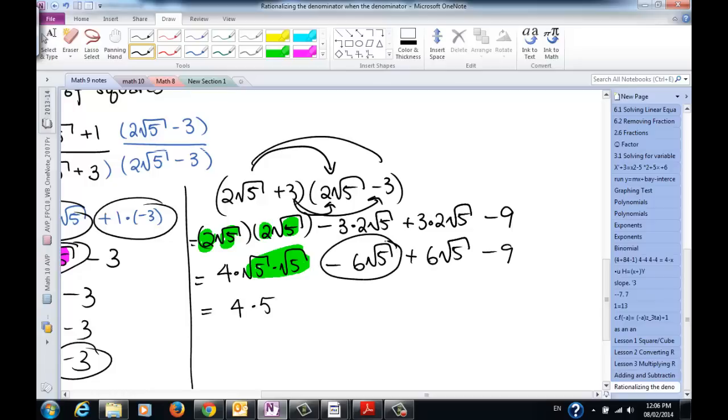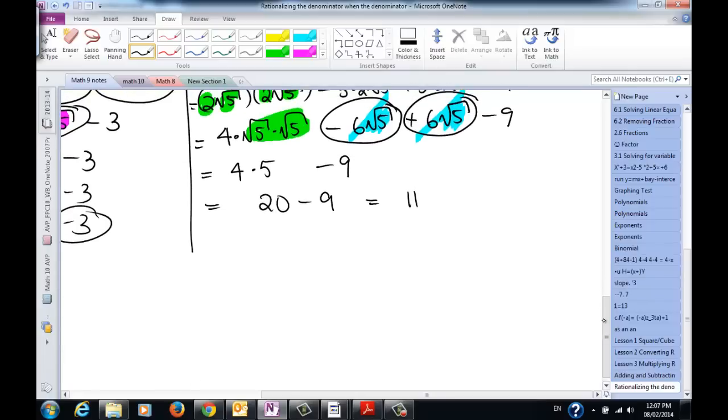And then I have minus 6 root 5 plus 6 root 5. They're both square roots of 5, so they're like terms. I'm adding a 6, I'm taking away a 6. I get 0. These equal 0. And then I have minus 9. 20 minus 9 is just equal to positive 11. Okay, so this was my bottom.